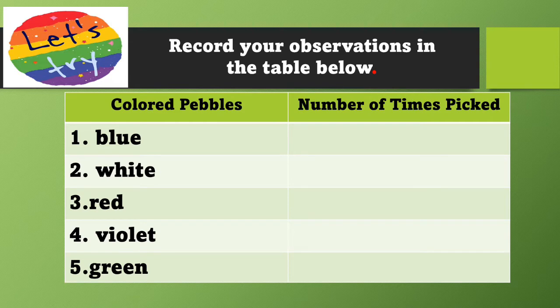We have 9. Yes, very good. How about the white one? You have? Yes, 7. How about the red one? It's only 3. And how about the violet one? You have 6. And then the green one, you have 8.